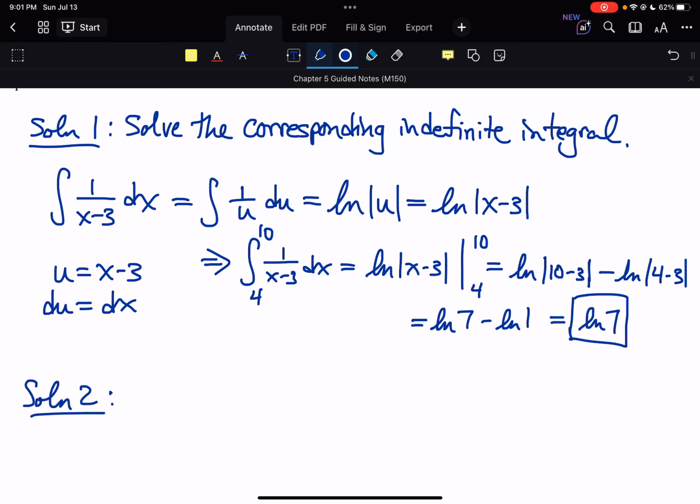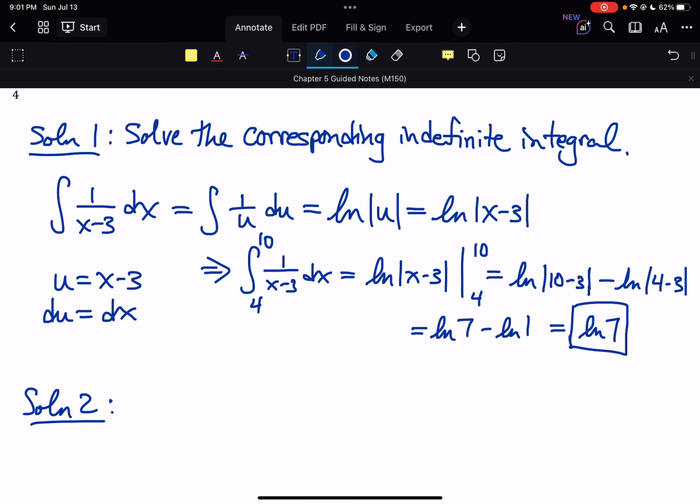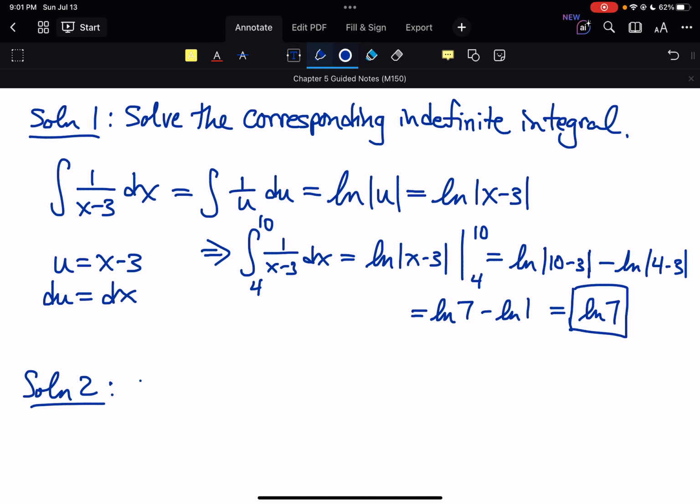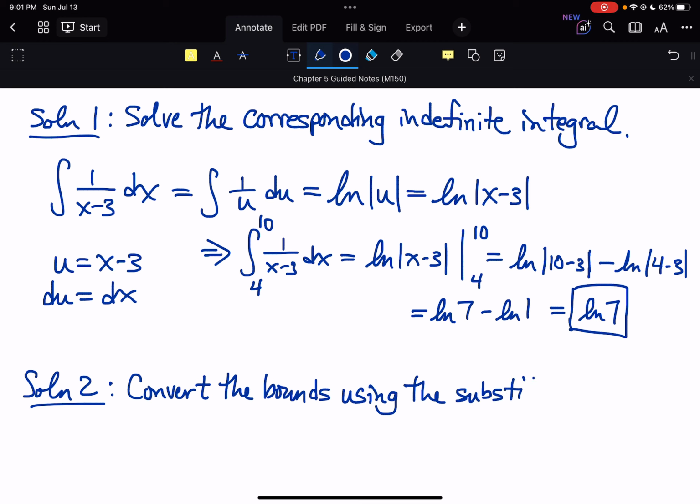Now, I did mention there are two ways of approaching this type of problem. So the first is to solve the corresponding indefinite integral and then use that with the bounds. The second way is to convert the bounds using the substitution.